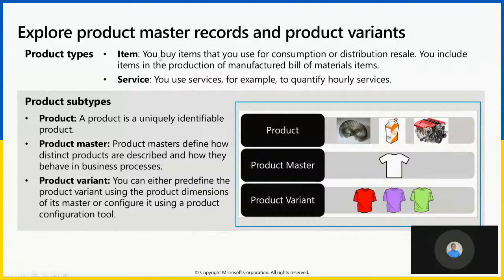Items are what you buy for consumption, distribution, or resale. And service, say for instance, we have a consulting firm that we need to render us a service of maybe auditing our system, or even helping us with implementing Dynamics 365 finance and operations. That is a product of type service.